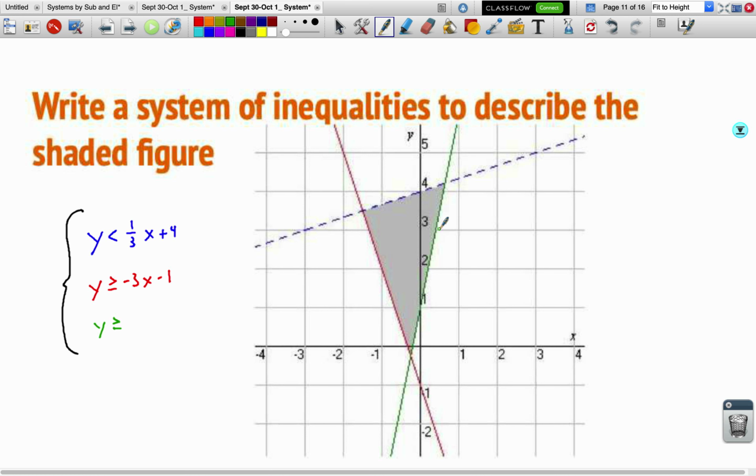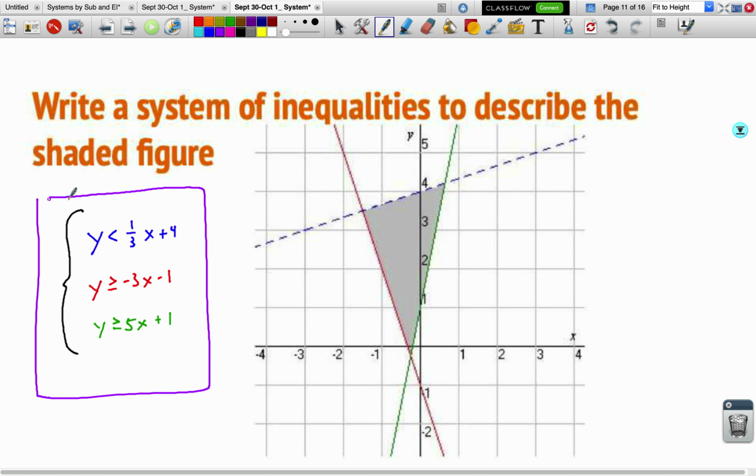Look where the shading is relative to the line. This seems like a slope of 5, so 5x and a y-intercept of +1, plus 1. All right, there is my system of inequalities to get this graph here.